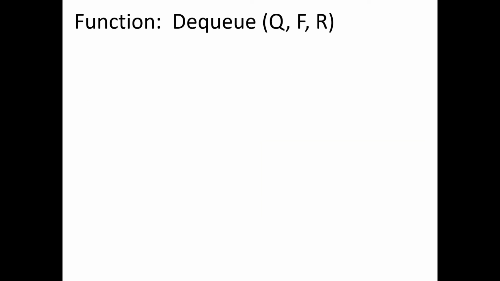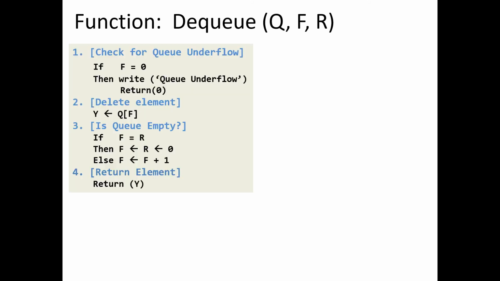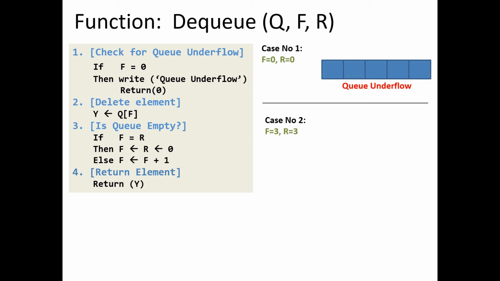Now tracing of this algorithm, that is DQ. Our algorithm is this. First is case number 1, front is equal to 0 and rear is equal to 0. That means our Q underflow, or we can say that our Q is empty. Then case number 2, F is equal to 3 and R is equal to 3.